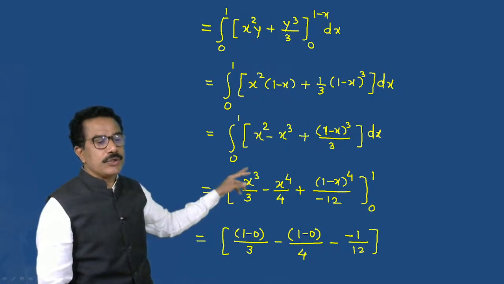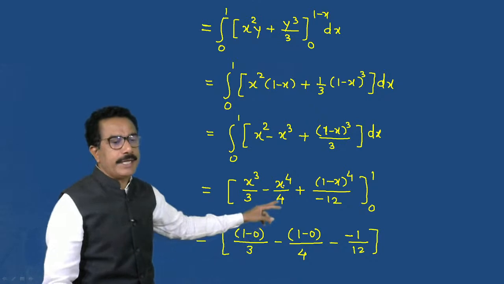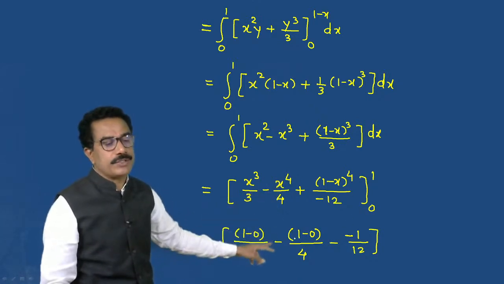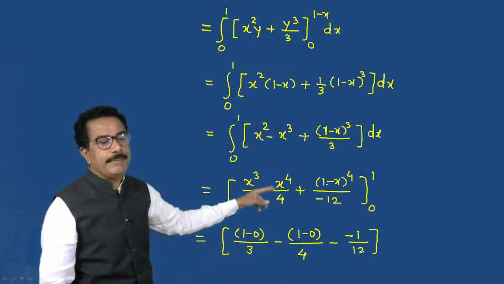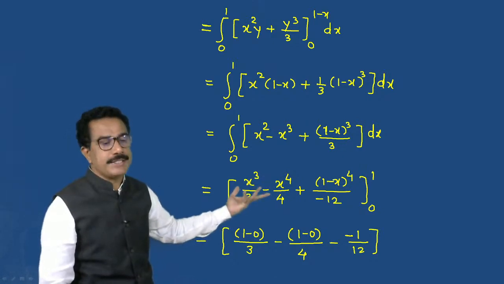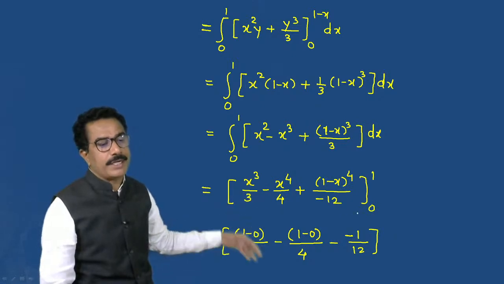So 1 cube means 1 minus 0 cube means 0. Second minus 1 raised to 4 means 1 minus 0 raised to 4 means 0. आणि upper limit 1 minus 1, upper limit जेव्हा ठेवतात ना 1 minus 1 means 0, लिहायची गरज नाही. लोअर लिमिट 0 ठेवा. 1 minus 0 means -1 raised to 4.